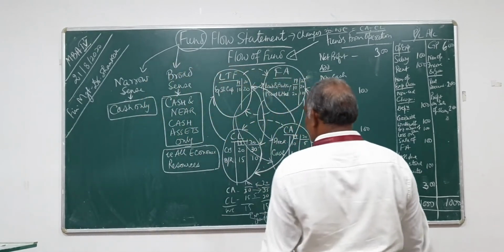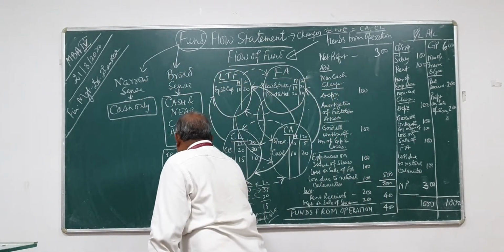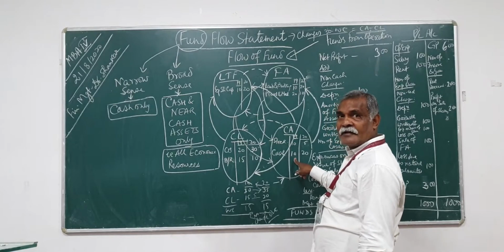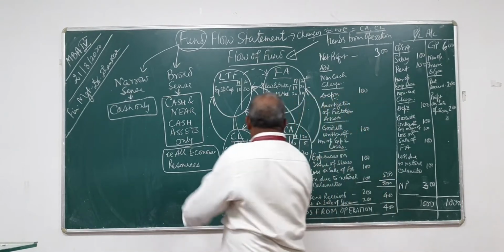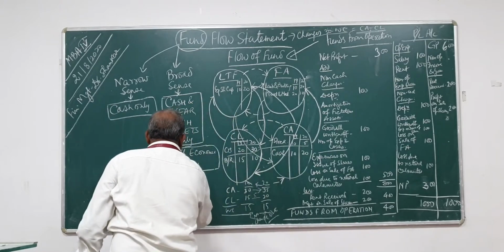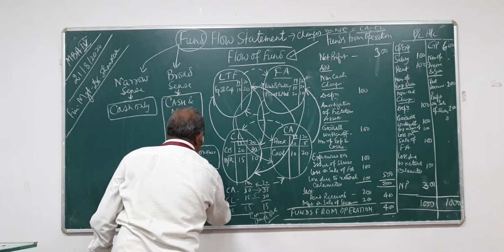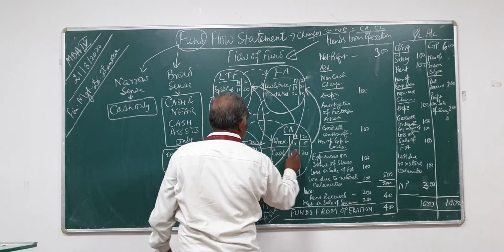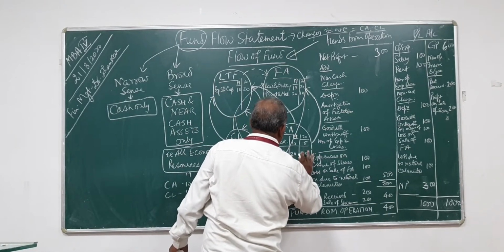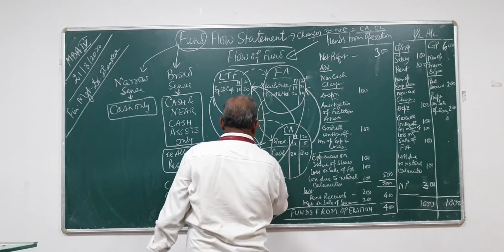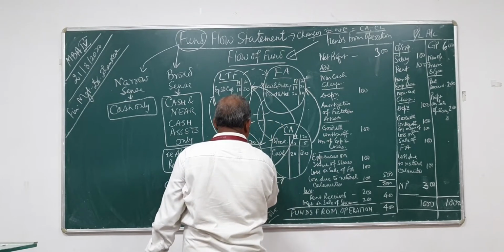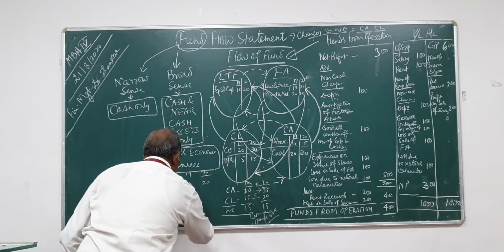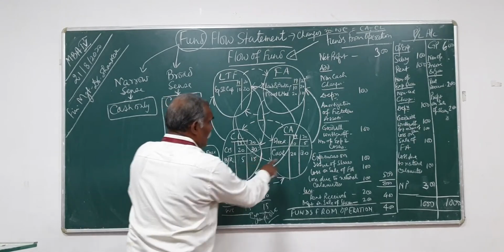But in another way, now if you see, suppose current assets is 10 in 2019 and 20 in 2020, and current liabilities is 20 to 30.